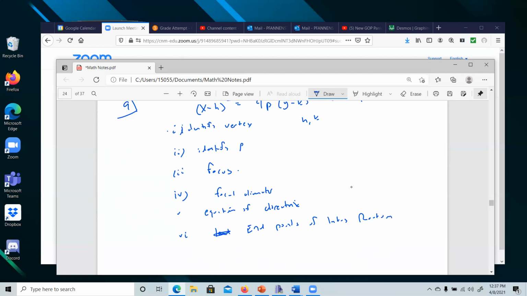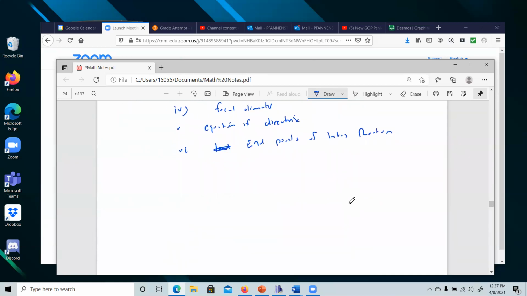That's the points where it intersects the parabola, right? Where your focal diameter intersects the parabola. I don't think I told you this. I wouldn't really have a problem putting that in there, but I figure once you guys do it on the pretest, you'll remember. Okay, x minus 3 squared equals negative 8 times y plus 5.